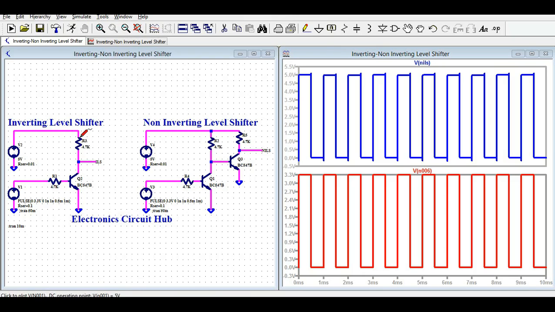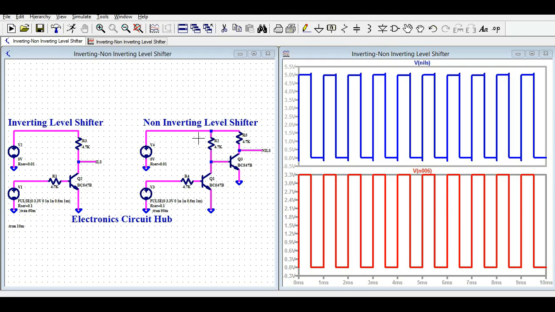If you want an inverting level shifter, you can use this, and if you want a non-inverting level shifter, you can use this kind of circuit in your design. I hope you have understood the inverting level shifter, the non-inverting level shifter, and the difference between them.